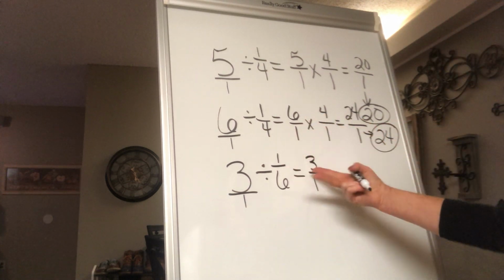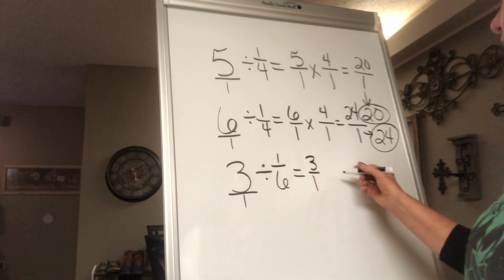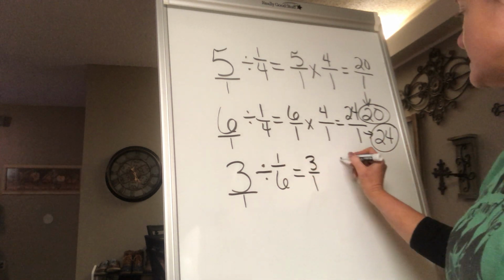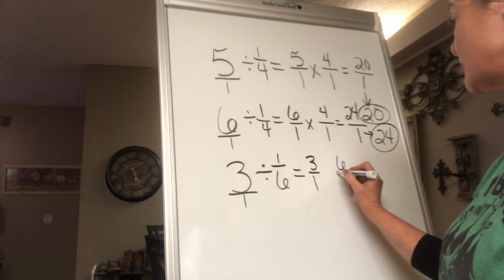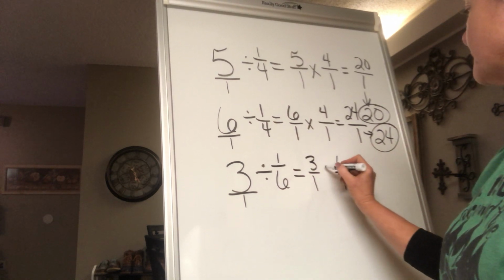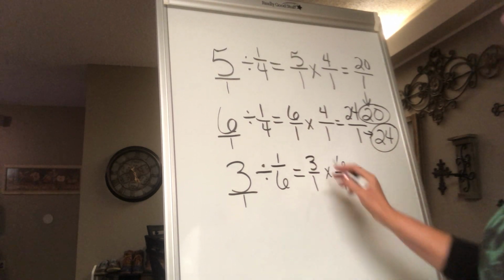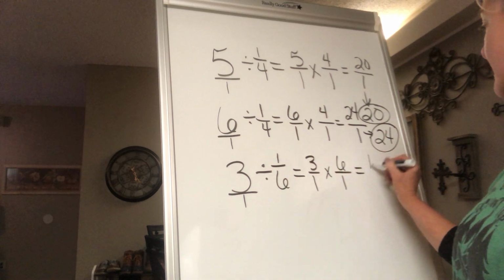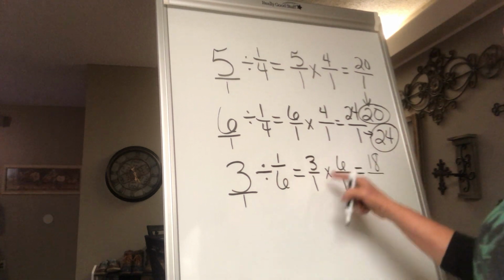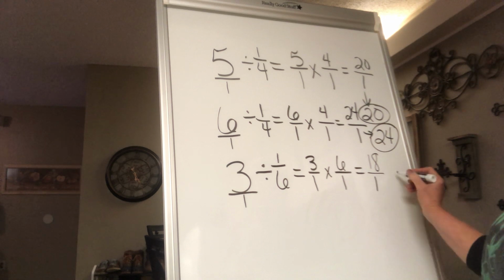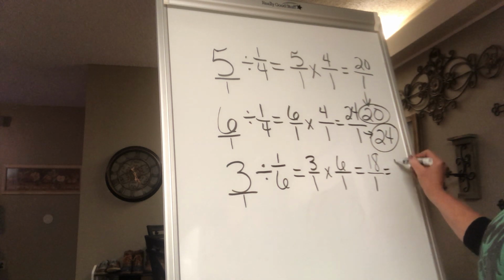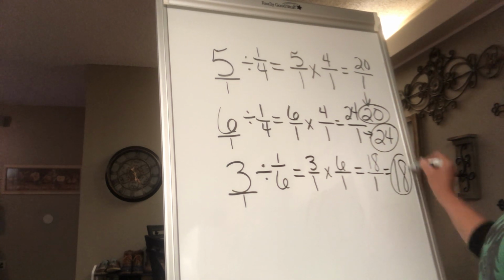We do the reciprocal, or we flip, because dividing by 1/6 is the same as multiplying by 6. 3 times 6 is 18. 1 times 1 is 1, and 18 over 1 is 18.